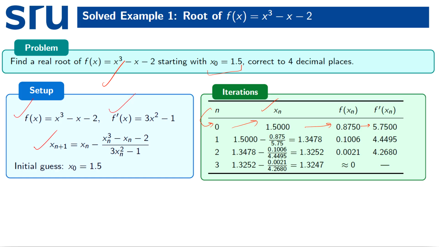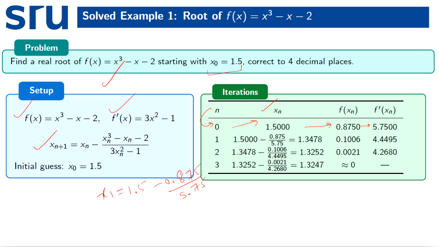Now apply the formula: x_1 = x_0, that is 1.5, minus the value of the function, 0.875, divided by the derivative's value, 5.75.